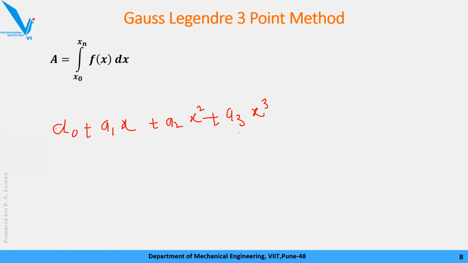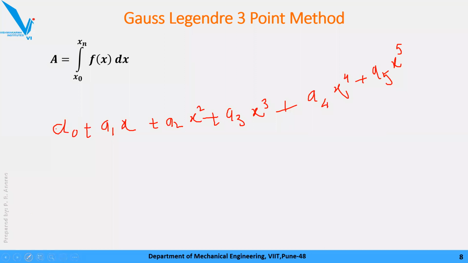Instead of this cubic equation, in the 3-point method we use a polynomial equation of order 5. And then the derivation of the weightage is a very big procedure, and it's of no use for us as a student. So we are going to skip that part, just focus on the formulation.